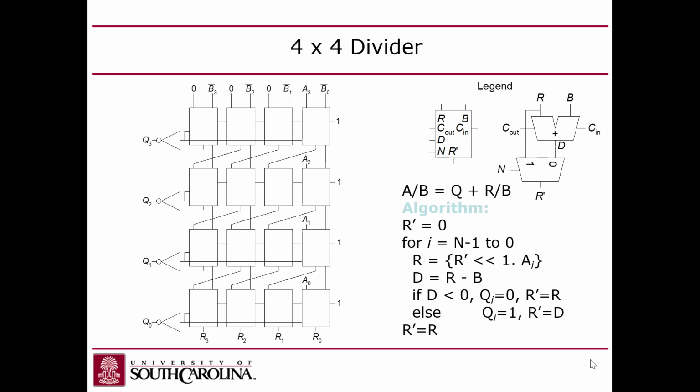The output of this first stage will be the result of taking 1, because that's A, just the most significant bit of the dividend, and you're going to subtract B. The reason why it's not B with a carry in of 1 is that it's implementing the subtract.